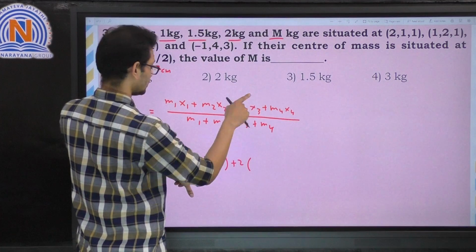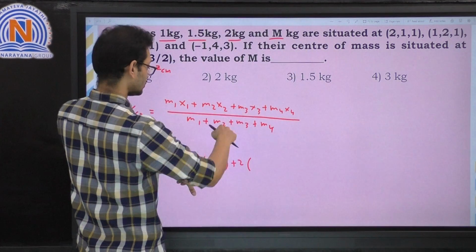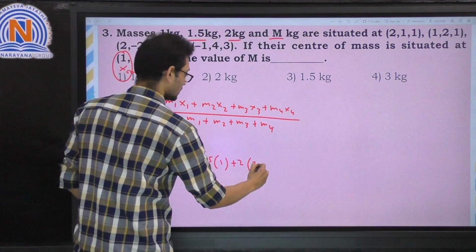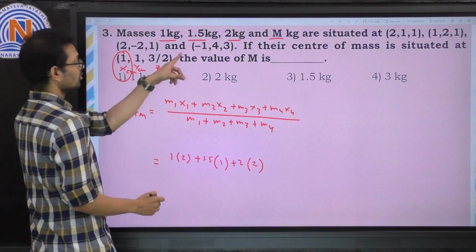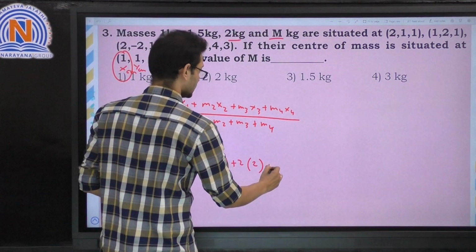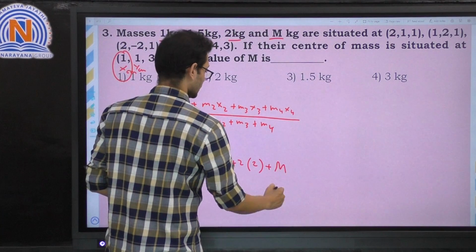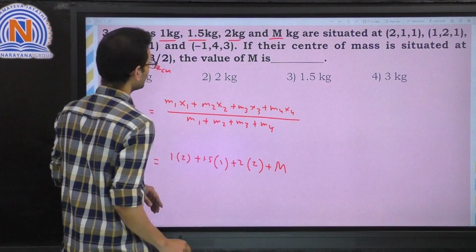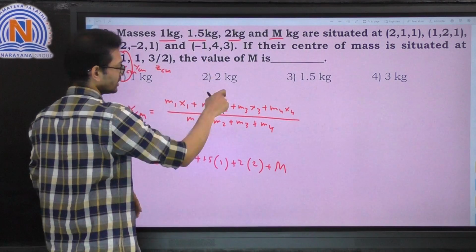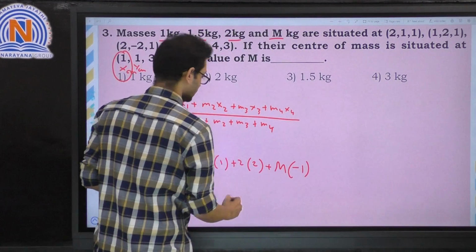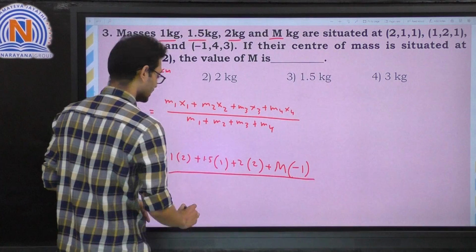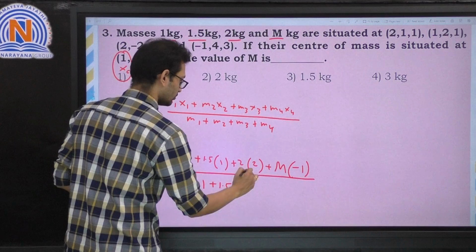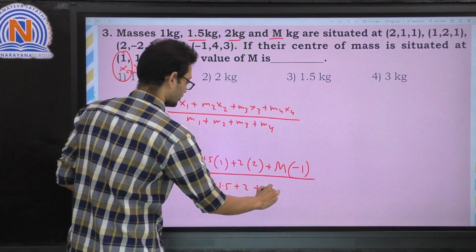Now x4 is minus 1, so I will write it as plus M into minus 1, where M is the fourth mass. Divided by 1 plus 1.5 plus 2 plus M.